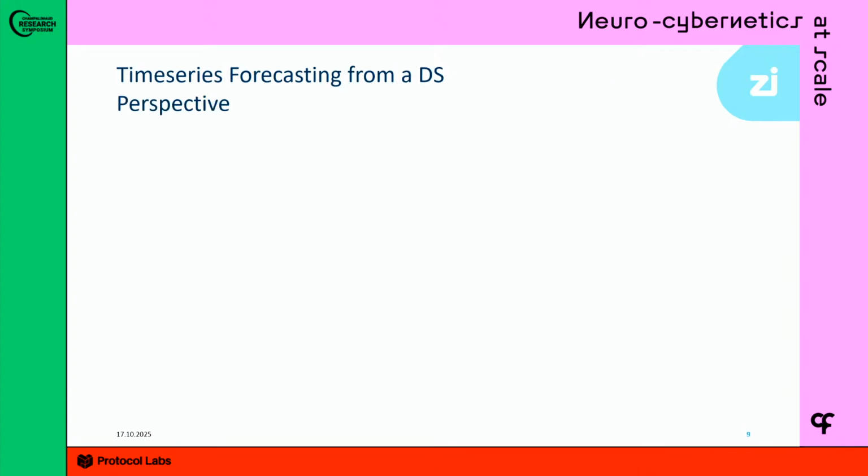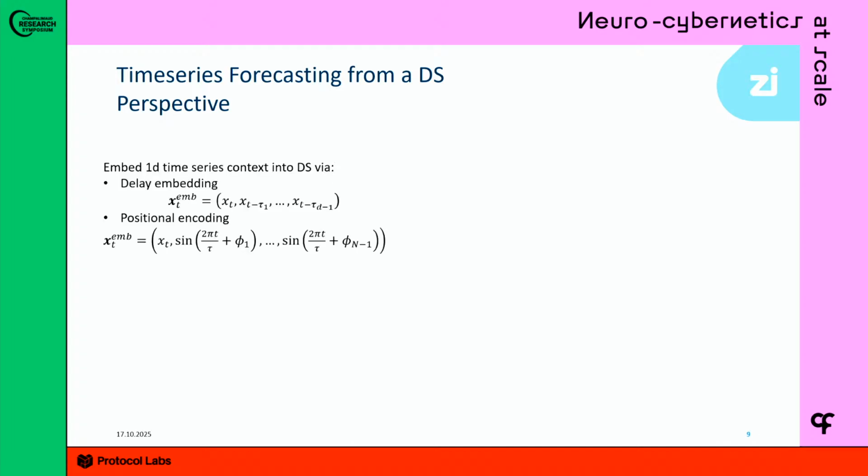Furthermore, we can apply this architecture to time series forecasting. So we have a 1D time series, and what we can do is embed it into a dynamical system, either via delay embedding, or here we also propose positional encoding mechanisms similar to those in transformers.